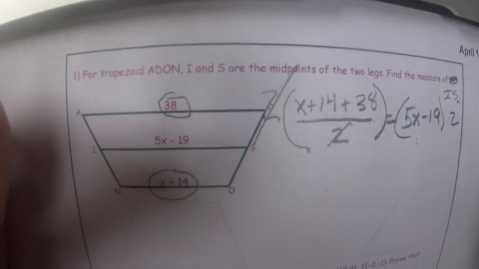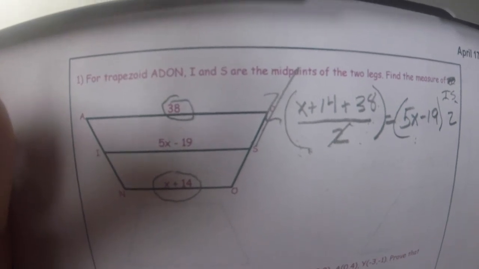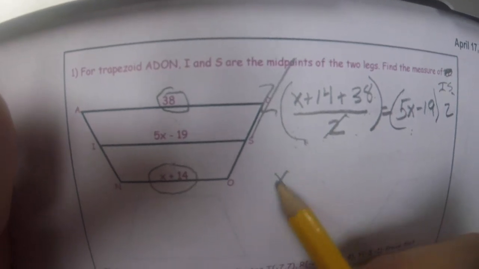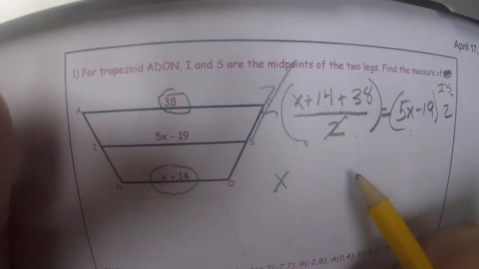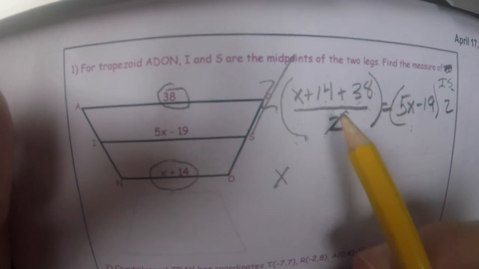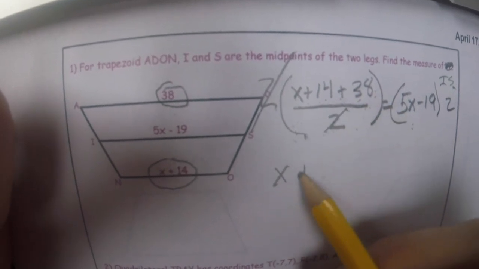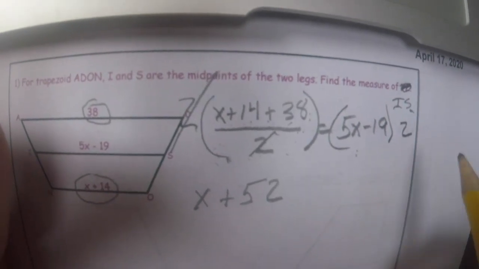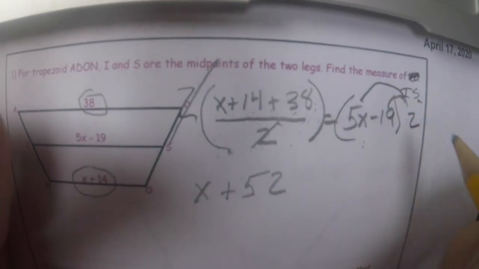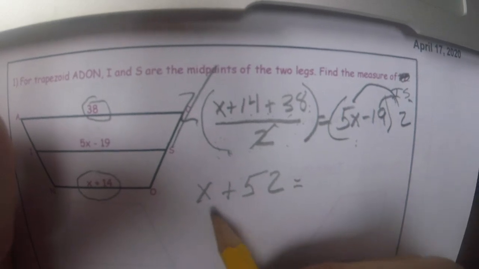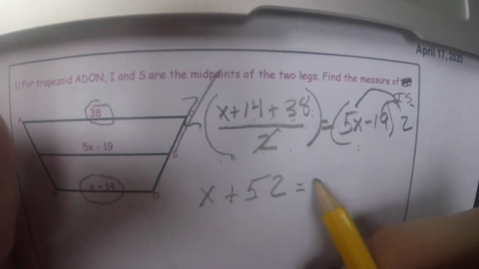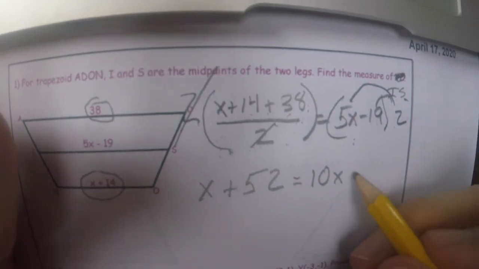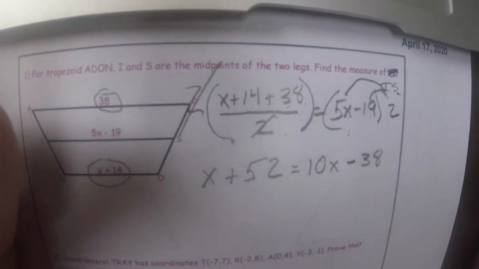Now we're not dealing with fractions anymore, thank goodness. So what am I left with on the left-hand side? I have x plus 14 plus 38, which I think is 52. And over here, I have 5x minus 19 times 2. So I'm just going to distribute that 2 inside here. And I'm going to get x plus 52 equals 10x, and then 2 times negative 19 would be minus 38.